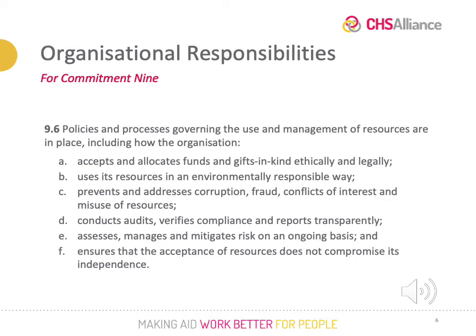B. uses its resources in an environmentally responsible way. C. prevents and addresses corruption, fraud, conflicts of interest, and misuse of resources. D. conducts audits, verifies compliance, and reports transparently. E. assesses, manages, and mitigates risk on an ongoing basis. And F. ensures that the acceptance of resources does not compromise its independence.